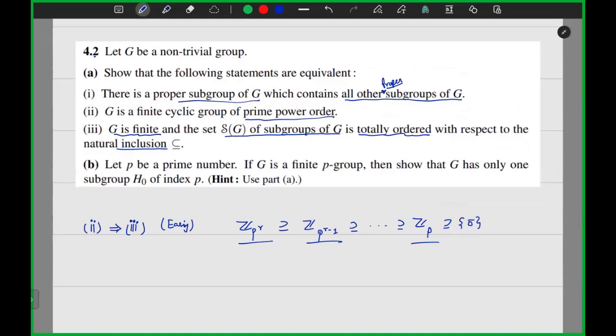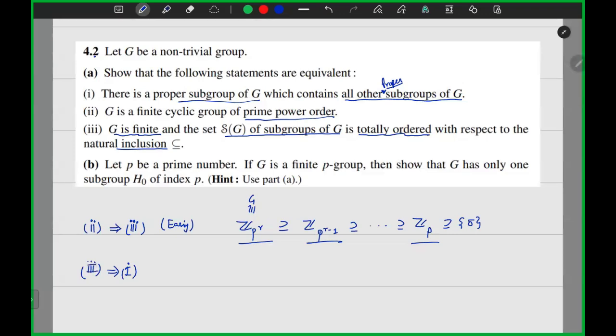Okay, so using that, this part is easy. Now, what about three implies one? First of all, any cyclic group of given prime power order is isomorphic to this. Then we can classify them. Okay, three implies one. What should we do here?